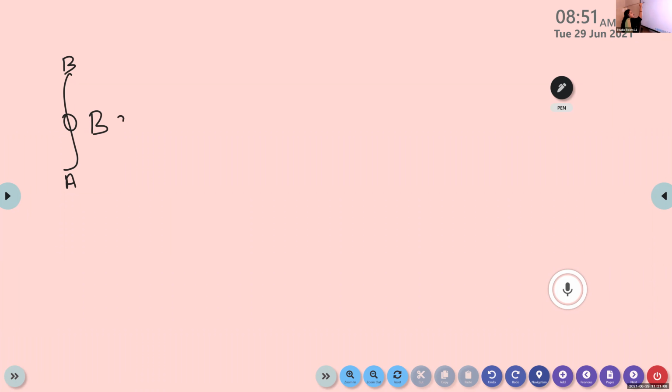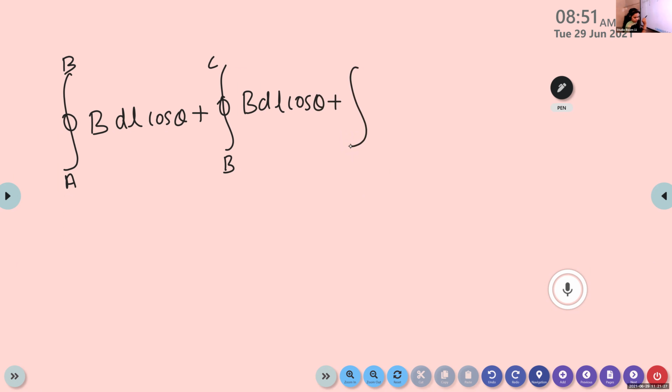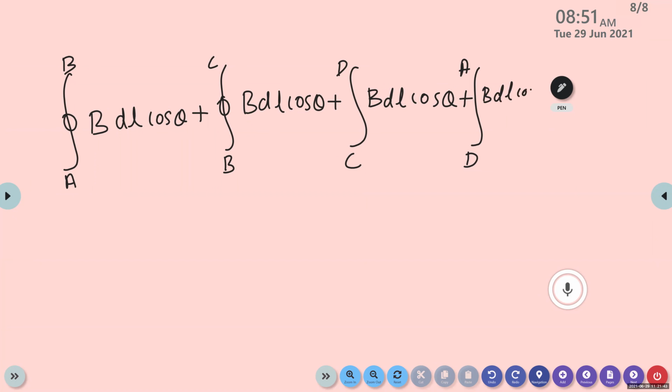So integral A to B, B dl cos theta, plus closed integral over B to C, B dl cos theta, plus closed integral over C to D, B dl cos theta, plus closed integral over D to A, B dl cos theta is equal to mu 0 I.